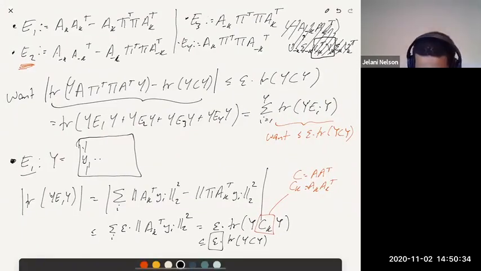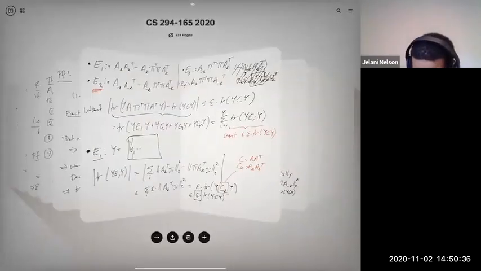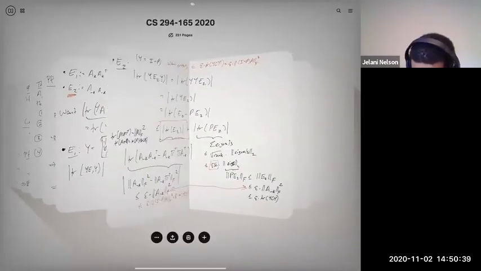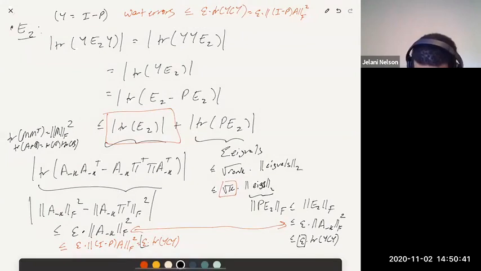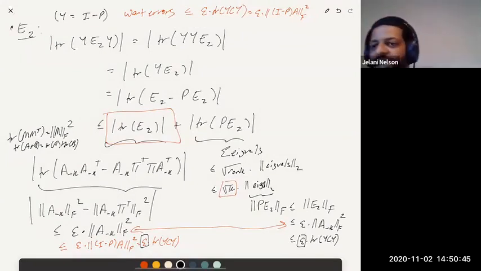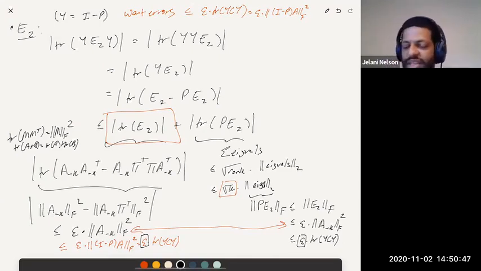When I handled E2, I actually picked up 2 epsilons. This one and this one. So that's 3 so far. I think E3 is going to give me another one, and then E4 is going to give me another one. So I think I'm going to get 5 epsilons altogether. Okay, so let's continue our march onward.